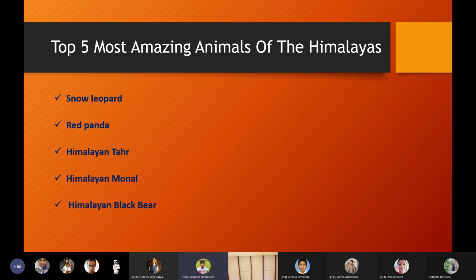These are some of the native animals of the Himalayas. Now let's see the top 5 most amazing animals of the Himalayas in detail: snow leopard, red panda, Himalayan thar, Himalayan monal, and Himalayan black bear, respectively.